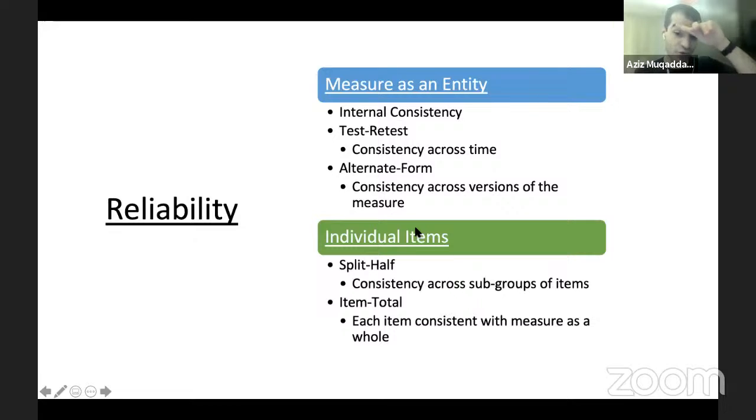And alternate form is like, even when I modify the questions, it should not yield totally different results. So for instance, if I ask, did you enjoy the game last night? Okay, so that's one question. Or if I ask, while watching the game, was it enjoyable?